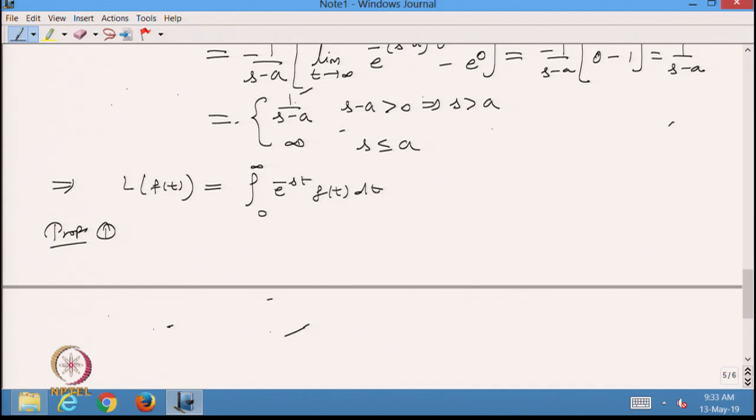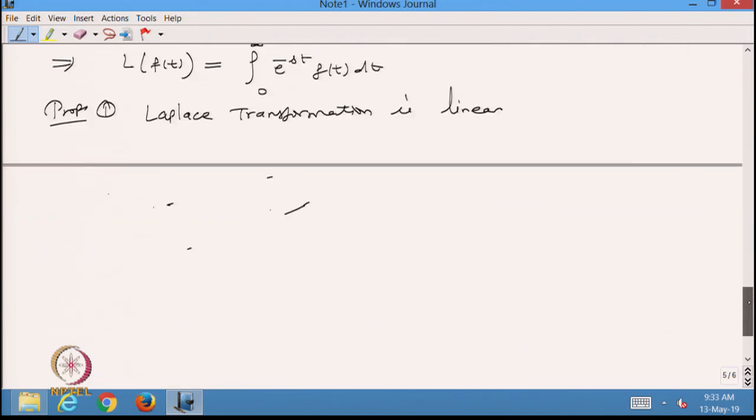So, from here I give property 1 of the Laplace transformation, that Laplace transformation is linear. So, what is the meaning of that?